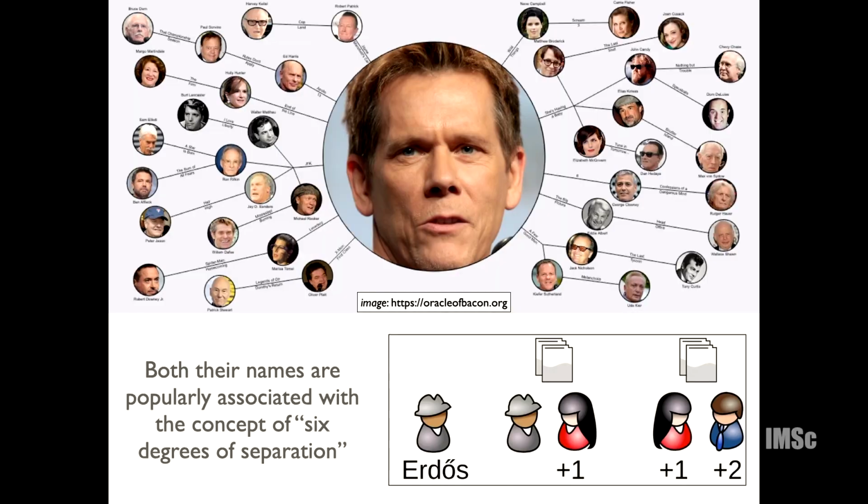In the case of Kevin Bacon, some people who were just playing around with a database of the actors and who was acting in which movie were constructing these networks, and they realized that you can get from him to basically anybody else in Hollywood with just a small number of hops.